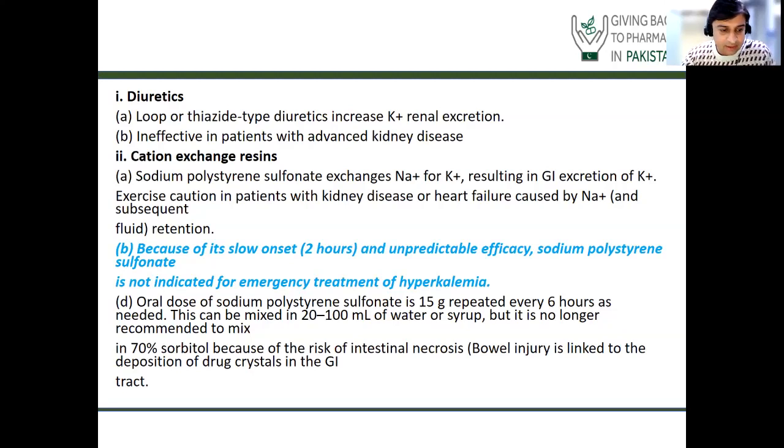There are some limitations with the use of sodium polystyrene sulfonate because it has a very slow onset. You cannot give it for the emergency treatment of hyperkalemia because it will take 2 hours, and obviously your patient with hyperkalemia of 8 cannot wait 2 hours. The oral dose of sodium polystyrene sulfonate is 15 grams, and it should be repeated every 6 hours.